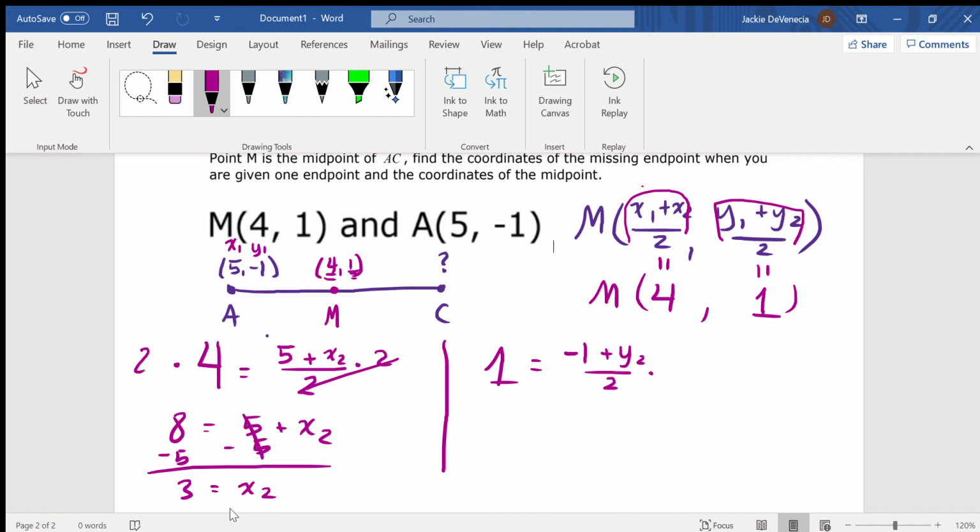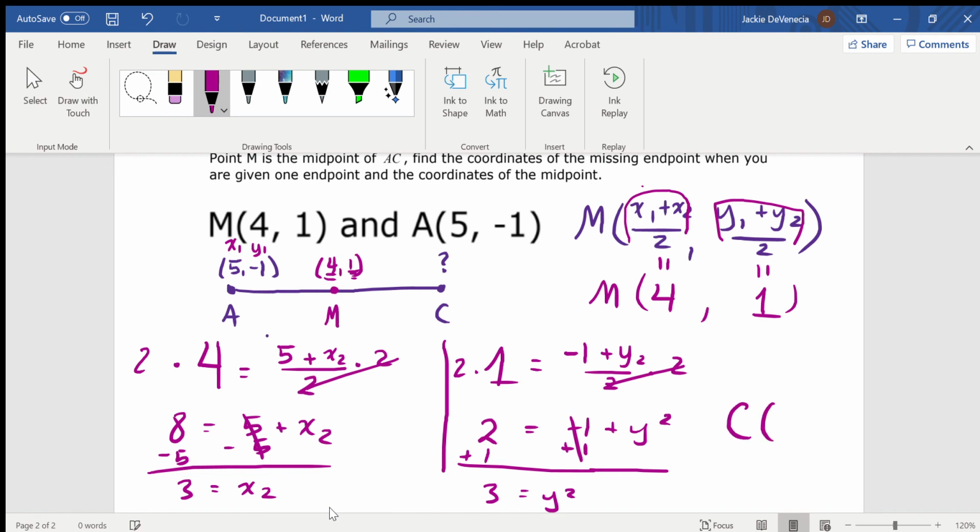You want to multiply both sides by 2. This gives you 2. You have a -1 plus y2. Inverse of the -1 is adding. That cancels out. And I have 3 is equal to y2. So over here, your endpoint, C, should be 3, 3.